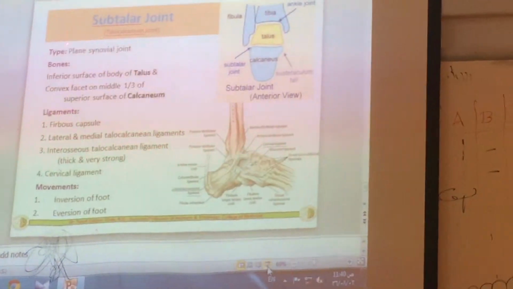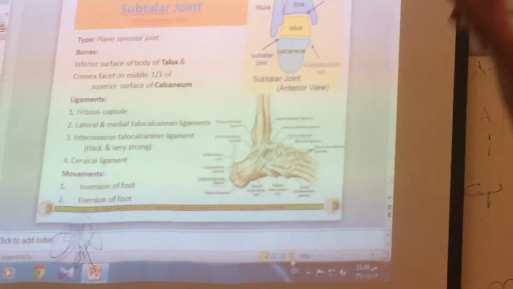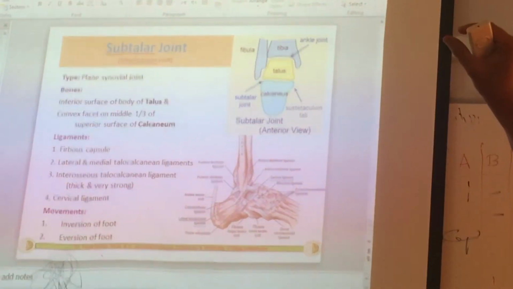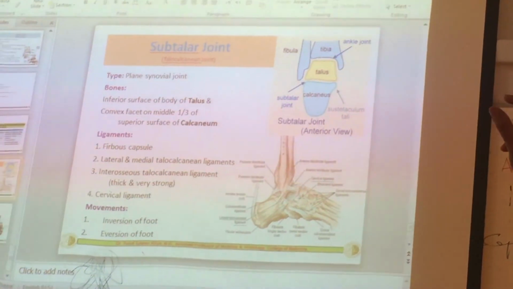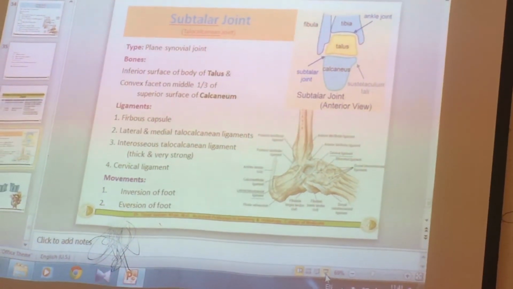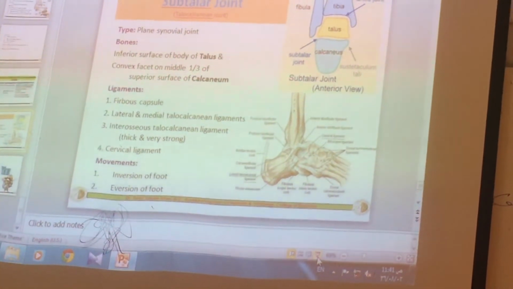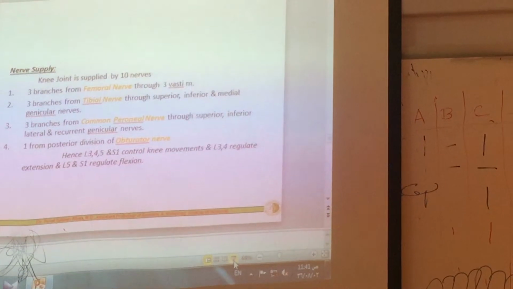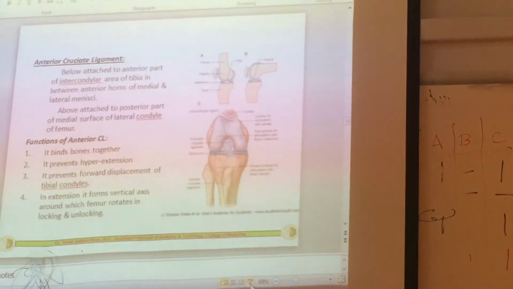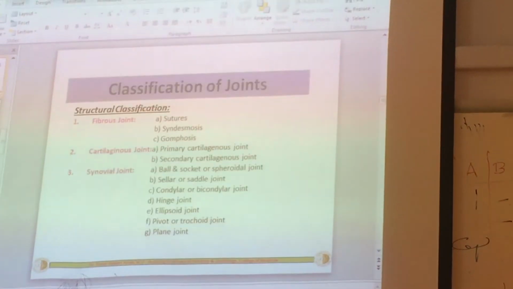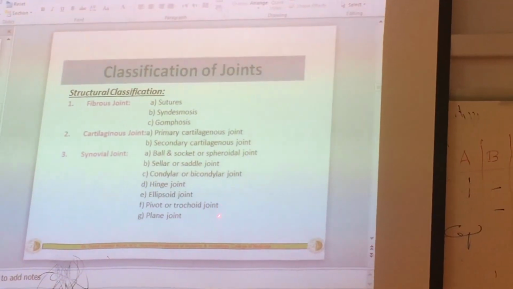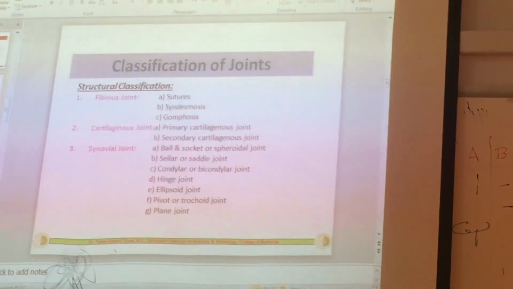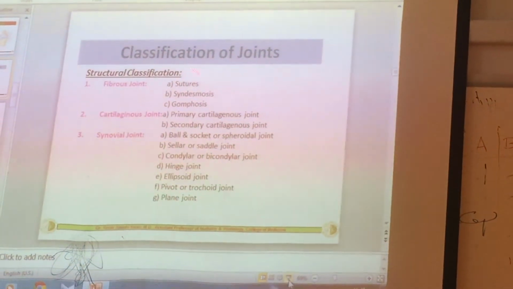This is one of the types of synovial joint, the plain synovial joint. I showed you the classification. If you go there, the topmost in the synovial joint is the plain. Go to the slide once again and you will remember. Here, plain I have given at the last, because I reversed all the things since I wanted to show the ball and socket.